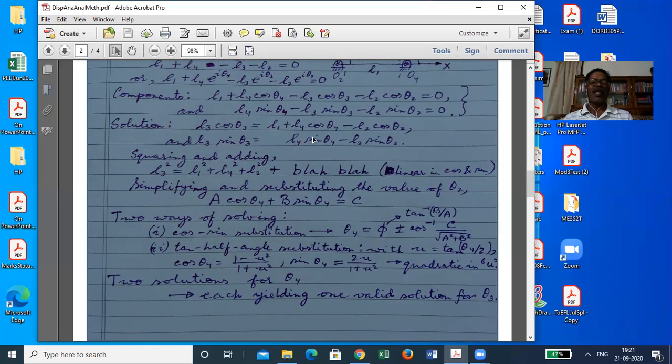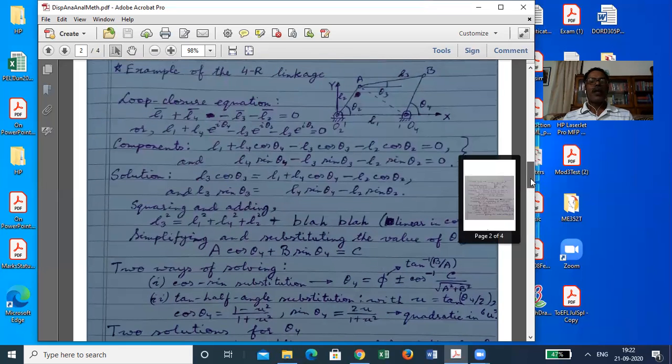Otherwise, the other one will be correct. You should check that also, just in case you made any calculation mistake, then that also would turn out to be invalid. Then you would know that you have made a mistake. So finally, a total of two solutions of the problem you would get. So this is quite straightforward.